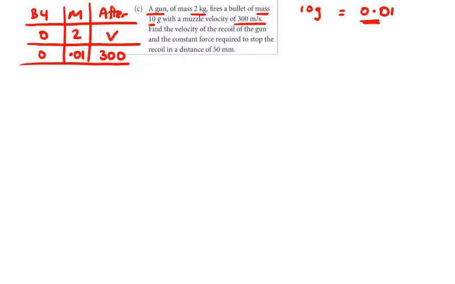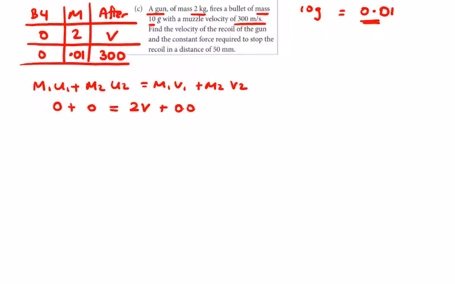Let's see, will this work for us? So we do M1 U1 plus M2 U2 equals M1 V1 plus M2 V2. We're going to get 0 plus 0 is equal to 2V, and that's the only unknown here, 2V, plus 0.01 times 300.